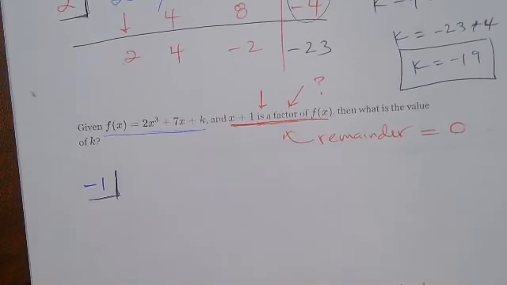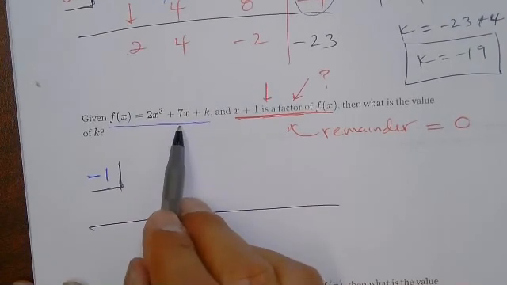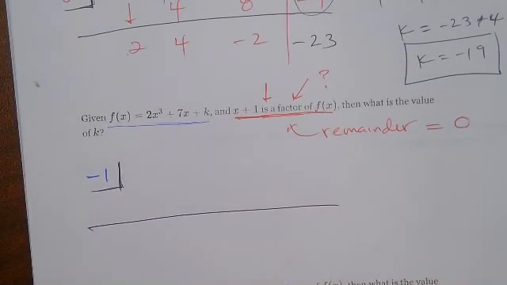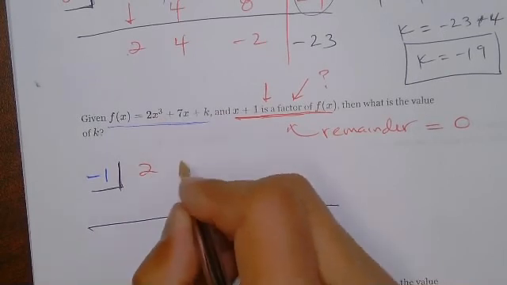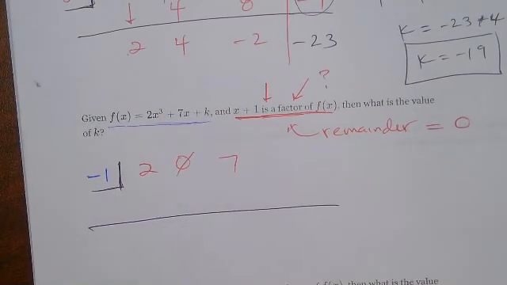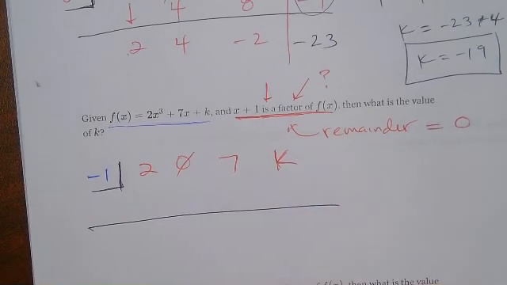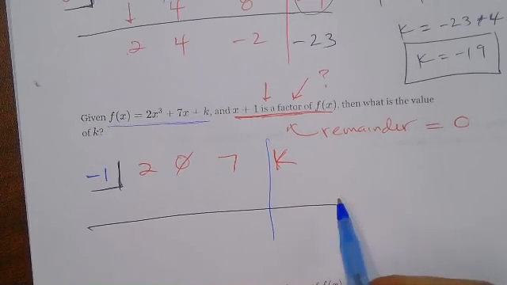Okay. So we're going to do this exactly like the other ones. X plus 1 is the divisor, but negative 1 goes in this box. And again, watch out for missing terms. 2 for the x cubed, 0 for the x squared, 7 for the x, and then k.